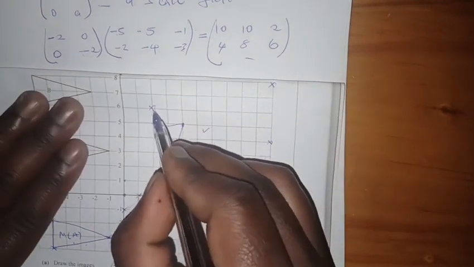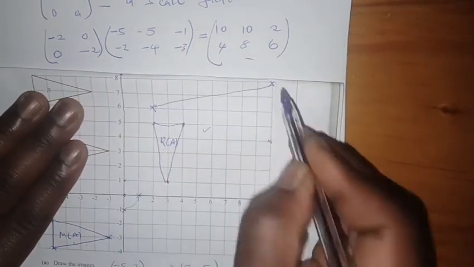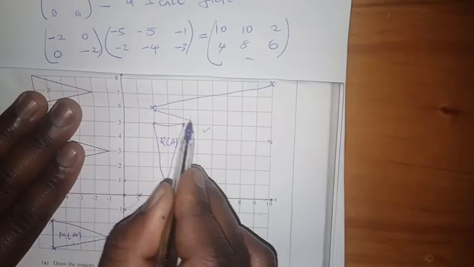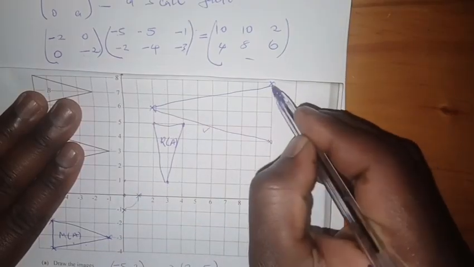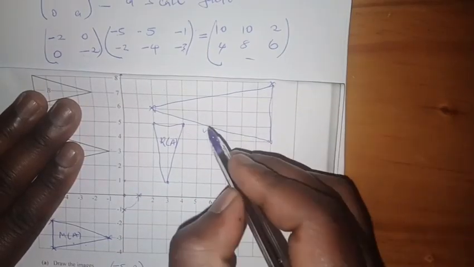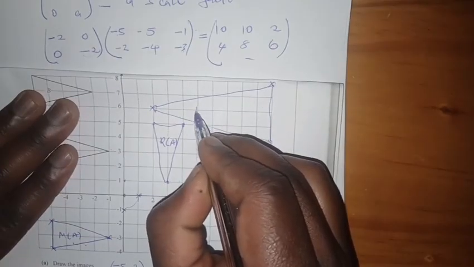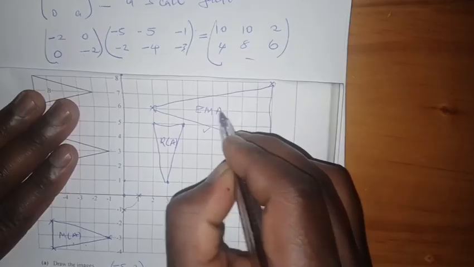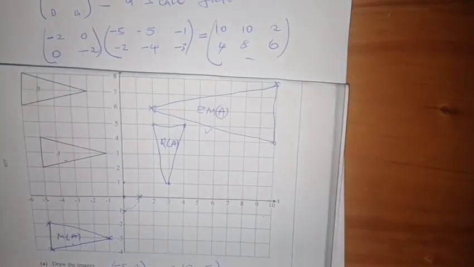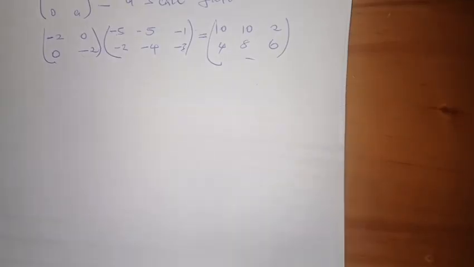Then let's join this one like that. And there you go. That's the E M A. That's the transformation. Let's move on to the next question.